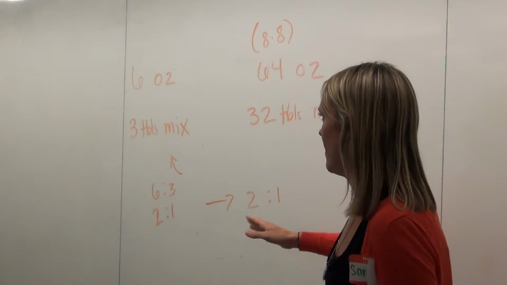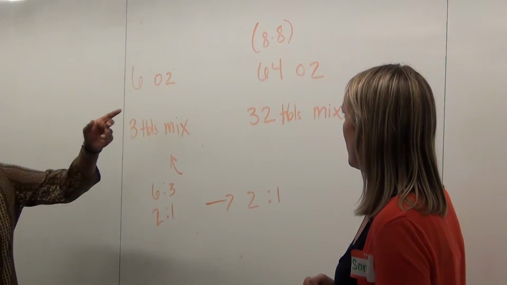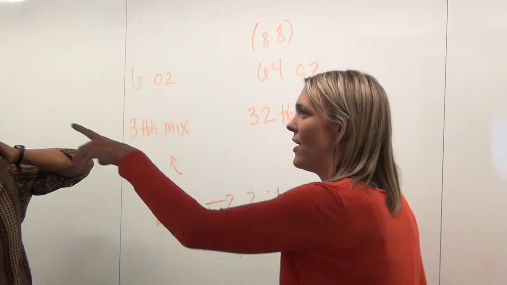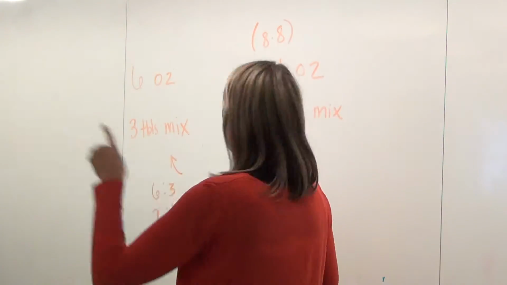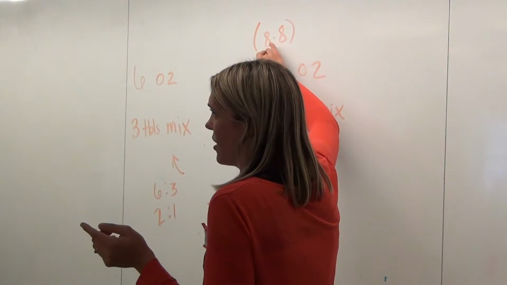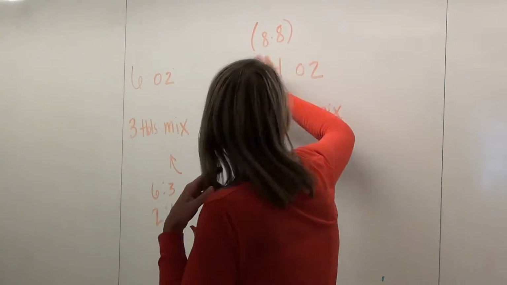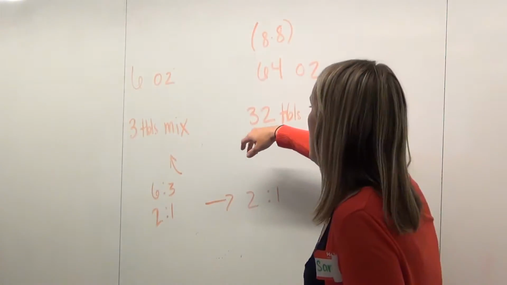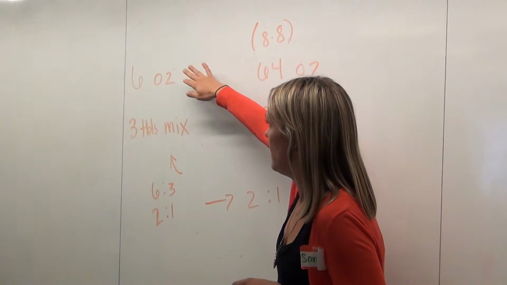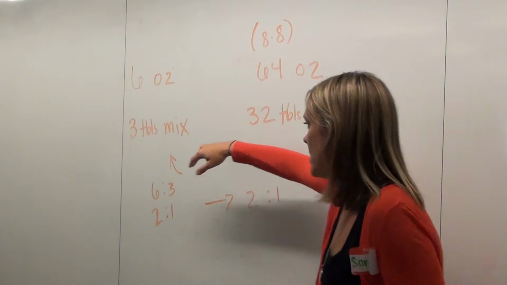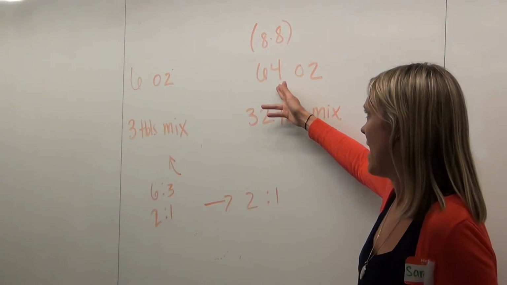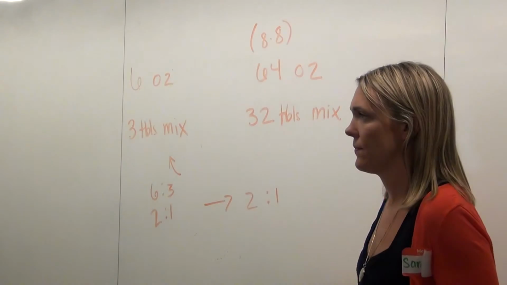Okay, hold on, let me pause you. How many ounces were in 2 quarts, and where did this come from? 2 quarts is 8 cups, and each cup is 8 ounces. Okay. So a total of 64 ounces. So the relationship here is 2 to 1, so then I said, okay, if this is also going to be 2 to 1, what's half of 64? 32.